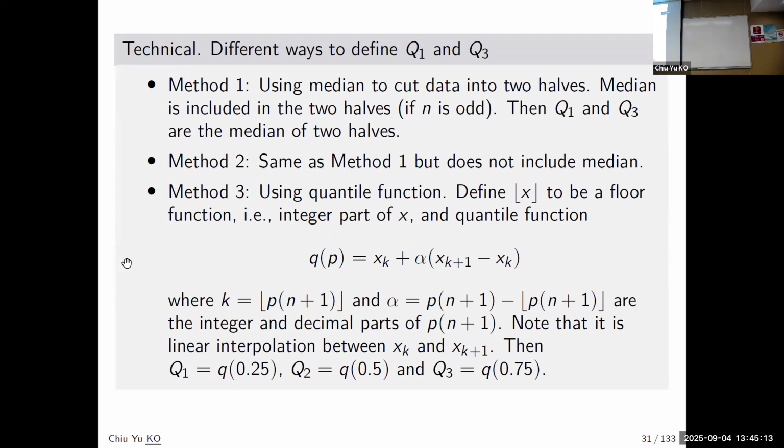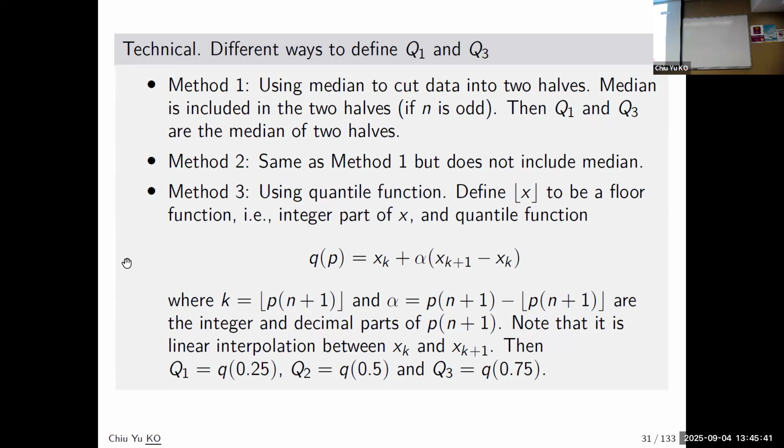So maybe this number gives us, say, 4.75. Then what we're going to do is look at the fourth data and the fifth data.